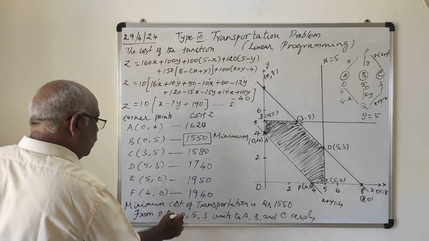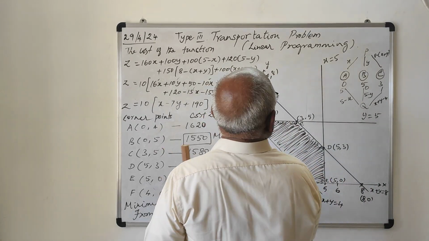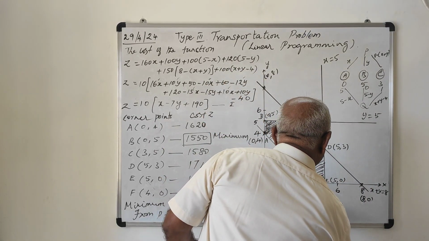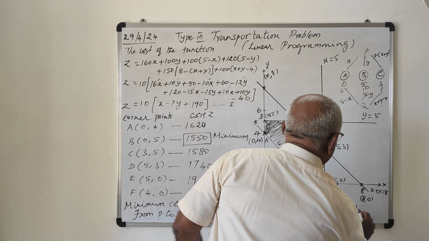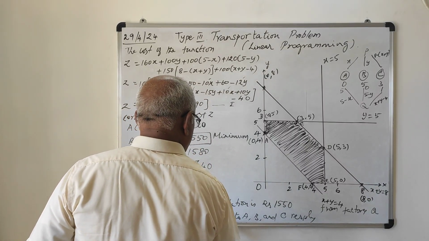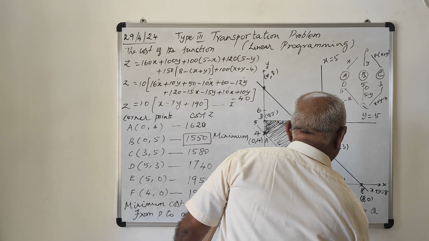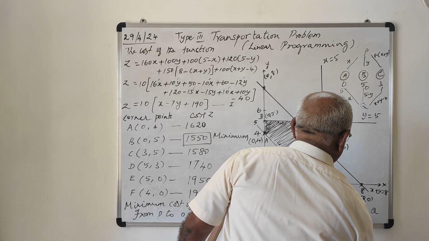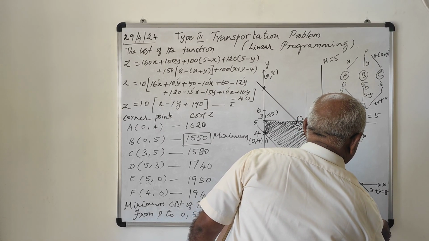From factory Q, 5, 0 and 1 units go to depots A, B and C respectively.